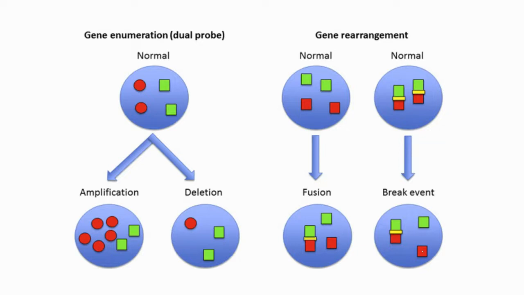Yes, what's your question, Marina? When you amplify the DNA, isn't it...? We don't amplify. This is just the probe we use. That's what we're targeting. So basically, that's why you should see the normal chromosome like this. If you see a chromosome like this, that red one has been amplified. If you see the red one like this, that'll be a deletion of a red chromosome.